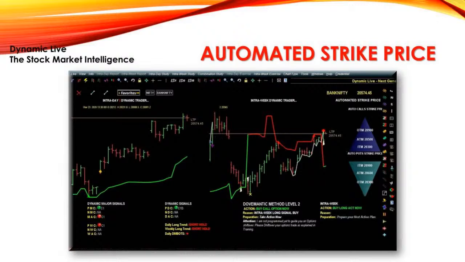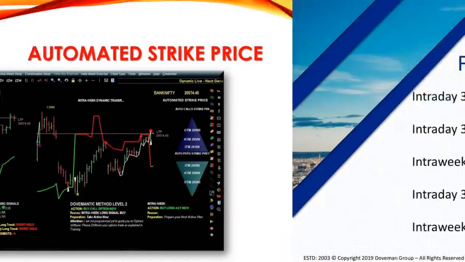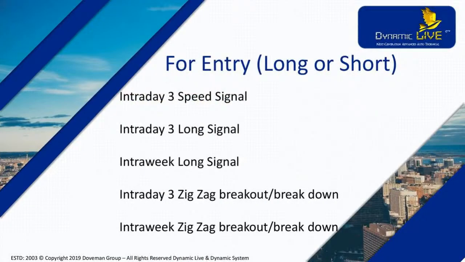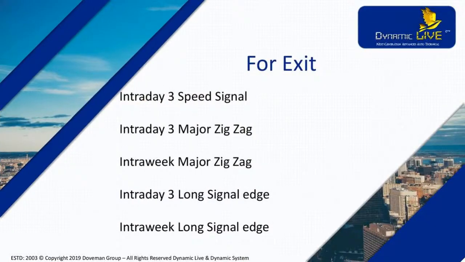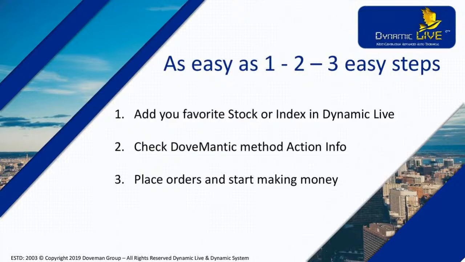And as I told you in the beginning of the session, market conditions keep changing. In these changing market conditions, for you to get the right entry, these many signals are at work. For you to get the right exit, these many signals are at work. And they are required. But today you don't have to worry because your job is not to follow all these multiple signals. Your job is to simply follow only these 1, 2, 3 easy steps.